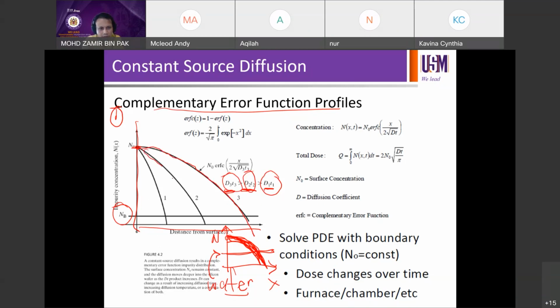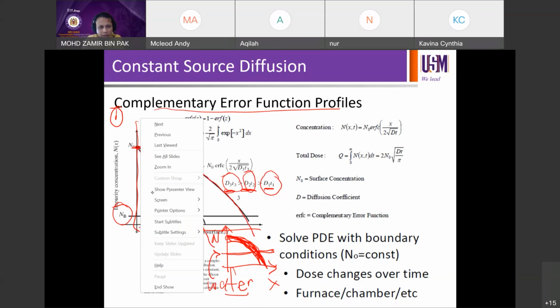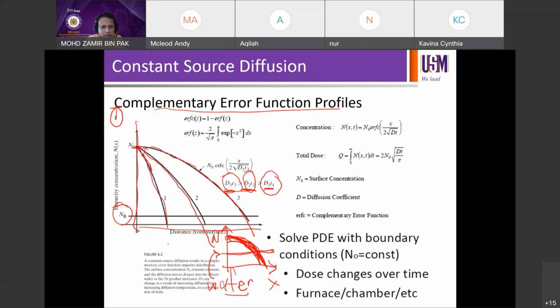It will be more than this. Okay. And D2T2 is more than the product of D1T1. Oh, sorry, D1T1. Okay. Because you run the process at longer time, as a result, your profile goes deeper into the silicon if you run your diffusion process longer.